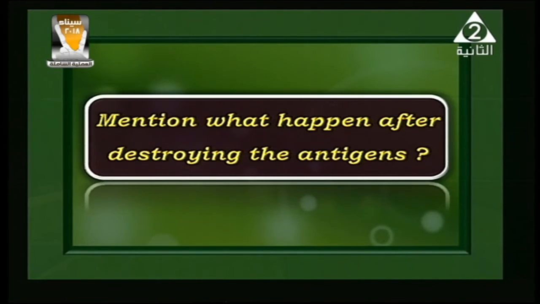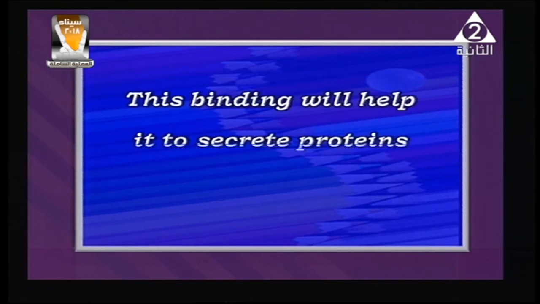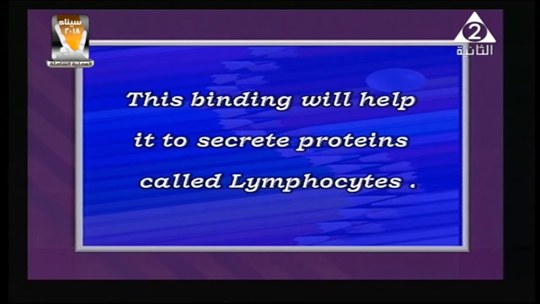The T suppressor cells bind, with the help of the receptor cluster of differentiation 8 found on their surface, to the plasma cells, the T helper cells and the T cytotoxic cells. This binding will help to secrete a protein called lymphokines.